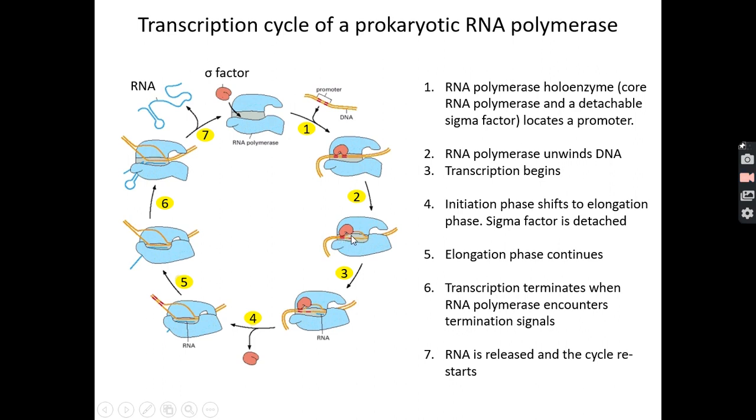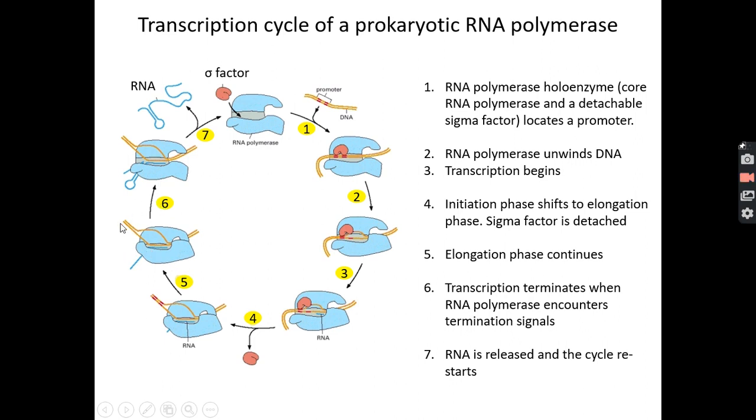If it synthesizes the first 1, 2, 3 up to 9 bases and there is no error, then the sigma factor detaches itself from the process. Then the chain begins to grow as the enzyme moves along the DNA molecule downstream.